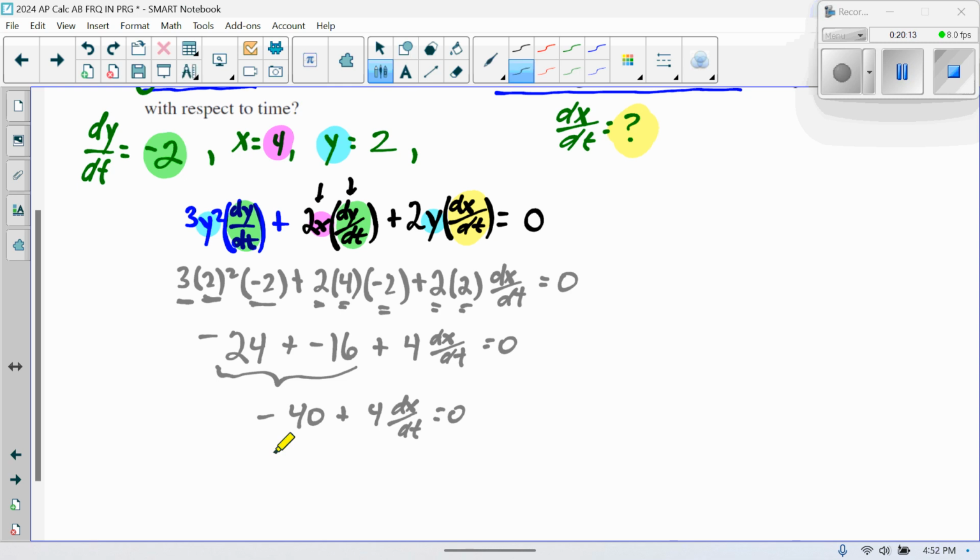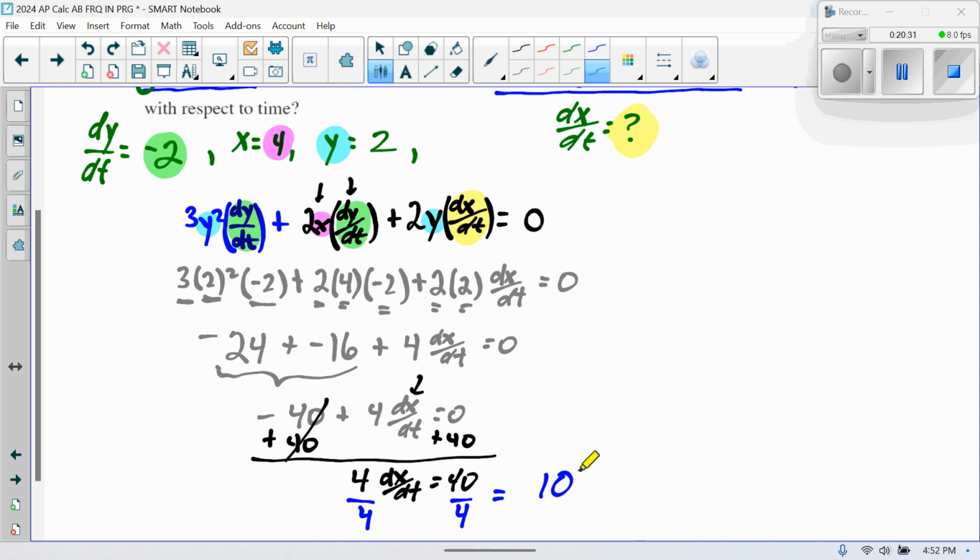I'm simply going to add 40 to both sides. I could solve it at this point and know that it's going to be 10, but let's finish the algebra. We got 4 dx/dt equals 40. And I'm going to divide both sides by 4, and I get 10. That was a beautiful problem, and not that difficult of a related rates problem at all. I'm digging it.